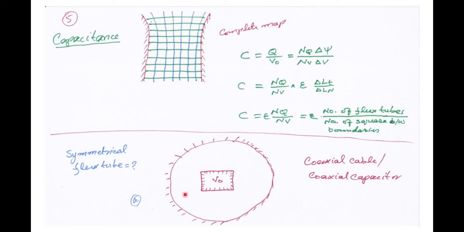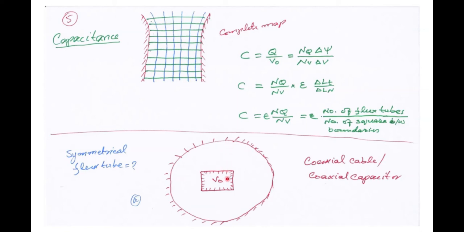Whenever you want to apply the curvilinear square map method, first of all you will check the two-dimensional boundary for big symmetrical flux tubes. That is, in how many big symmetrical flux tubes we divide the space between the inner conductor and the outer conductor.